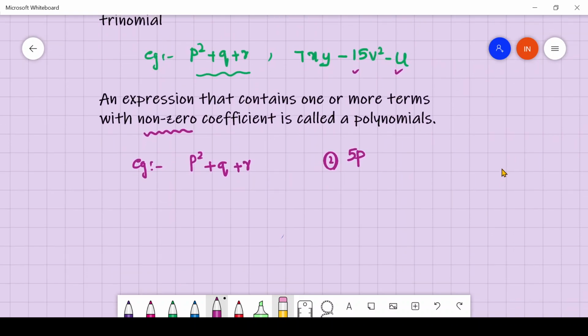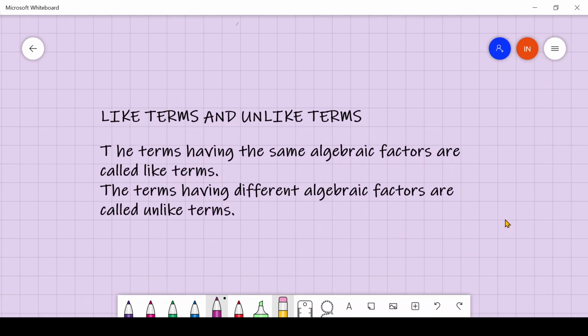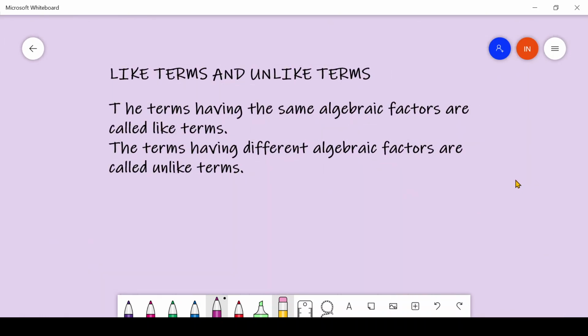Okay, so let us see what are like terms and unlike terms. The terms having the same algebraic factors are called like terms, and different algebraic factors are called unlike terms.